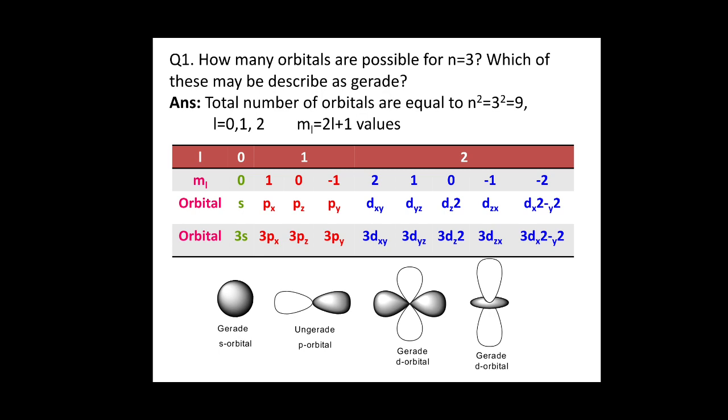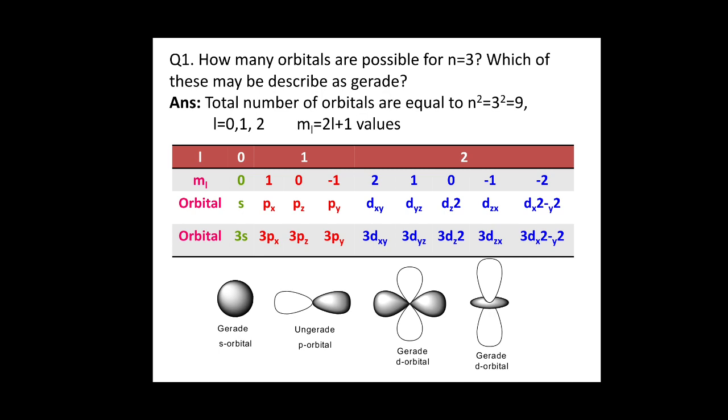I have given a table here to explain the relationship between the different quantum numbers. The first row is for the l values. As I said, there are three l values: 0, 1 and 2. In the second row you can see the ml values. For l equal to 0 you have only one ml value, that is 0 itself.